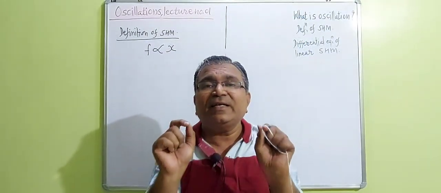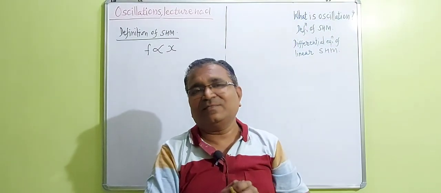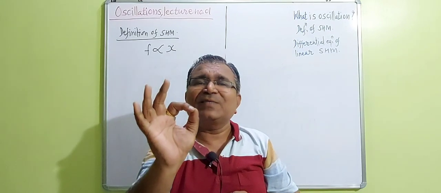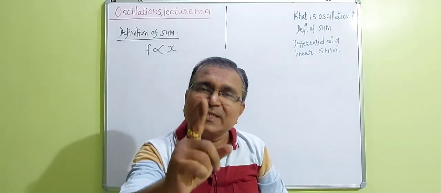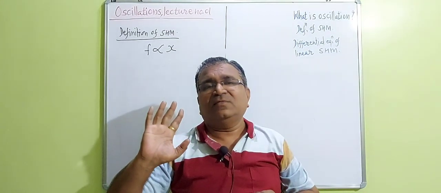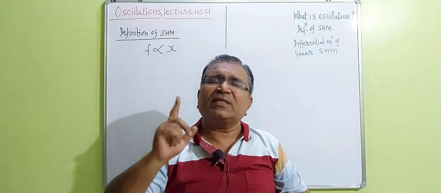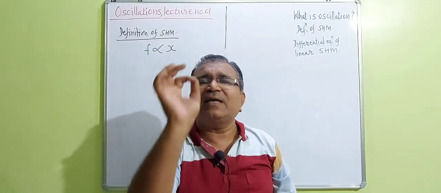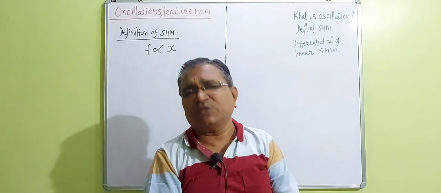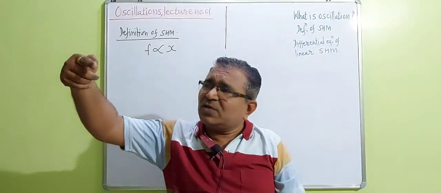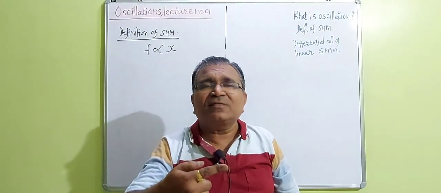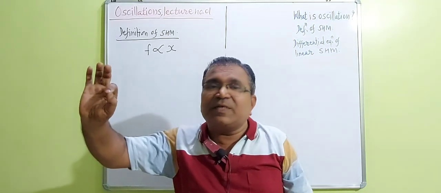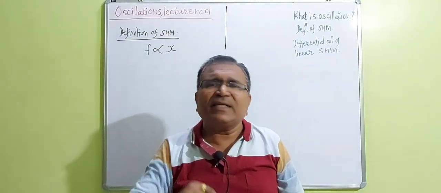It clearly indicates, dear student, that restoring force and displacement are oppositely directed. These are the most important points before preparing a definition of simple harmonic motion. Restoring force is directed towards the mean position, while the displacement of the particle is measured from the mean position, and both are directly proportional.